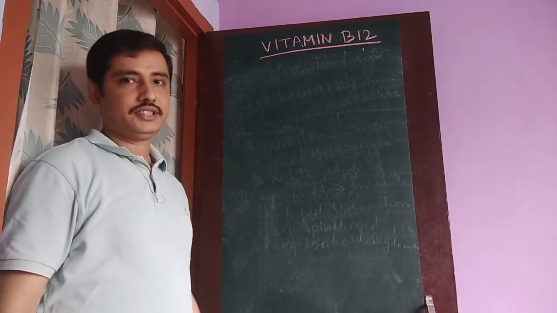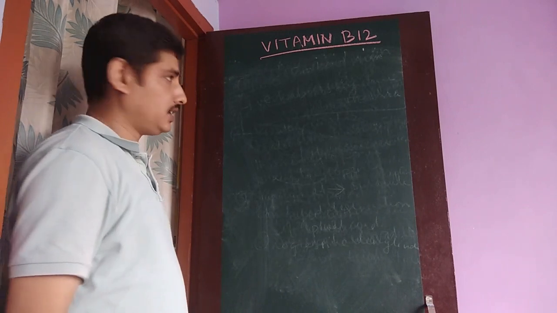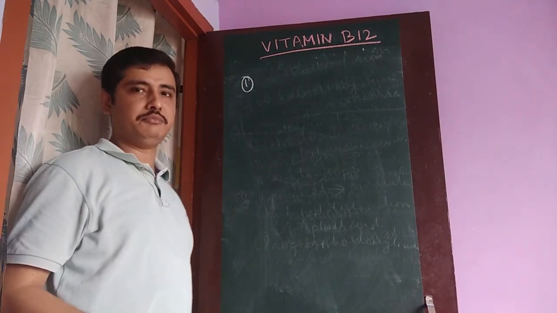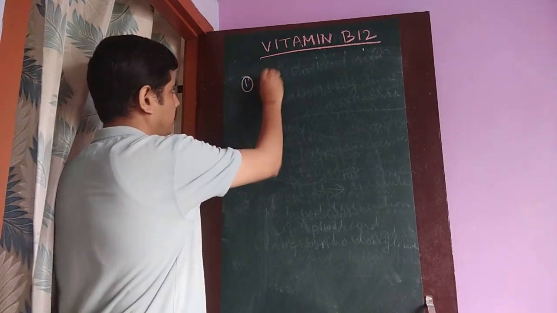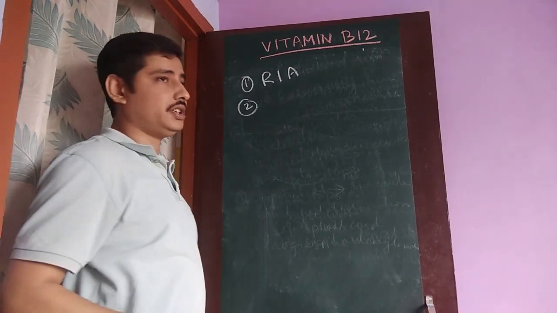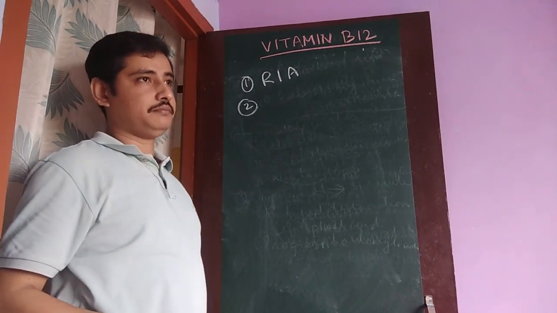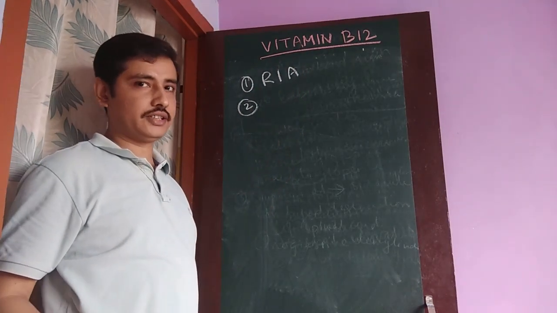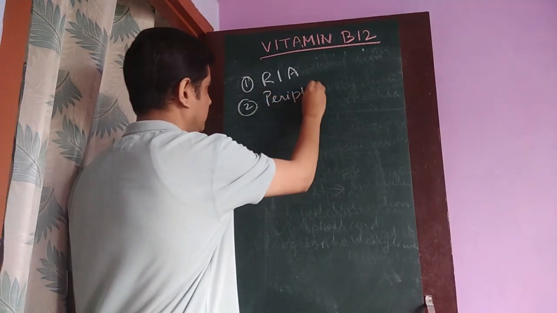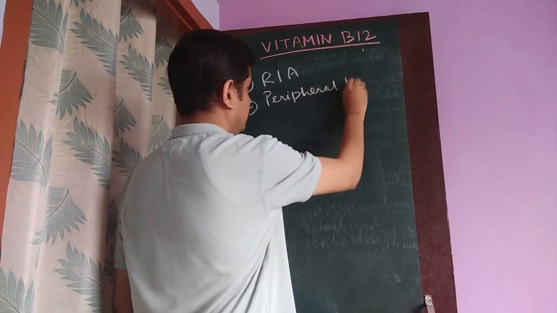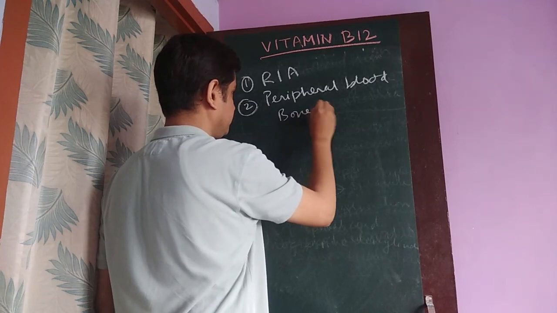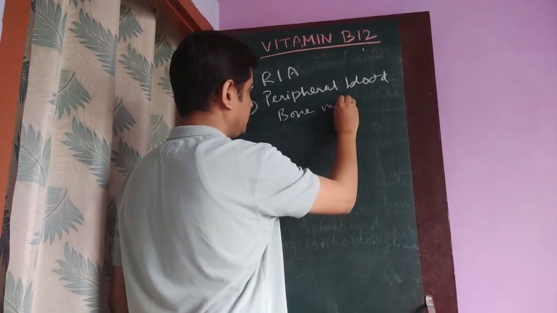Now, assessment of the deficiency of vitamin B12, how can we do it? Number one, we can directly estimate vitamin B12 by immunoassays, for example, radioimmunoassay. Number 2, we can examine the peripheral blood smear or the bone marrow cytology, the morphology of the cells.